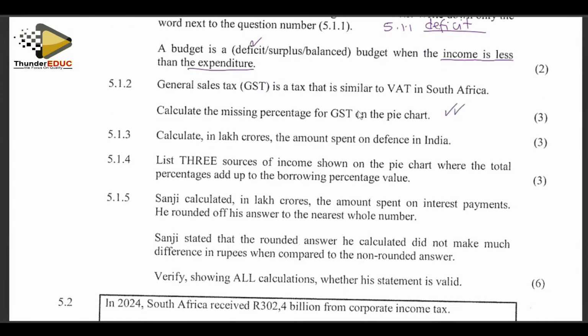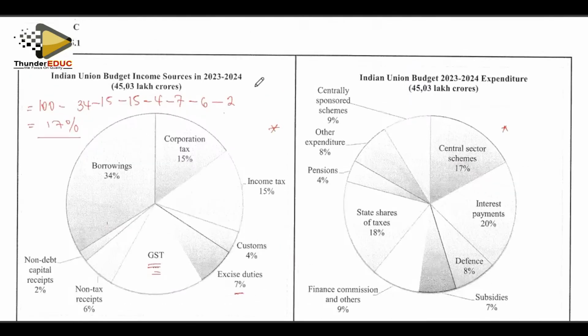Calculate the lakh crores amount paid on defense in India. Now, when we come here, remember, the amount spent is expenditure, not income. So on defense, it's 8%. But how much money are they looking at? They're looking at 45.03 lakh crores.